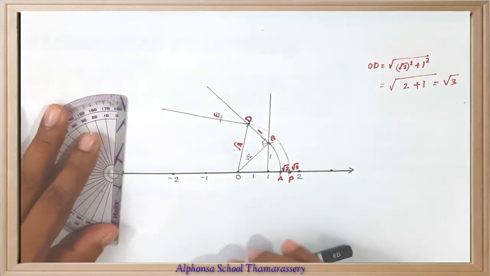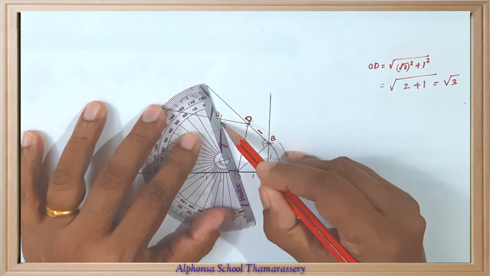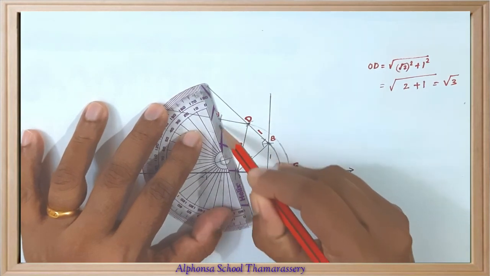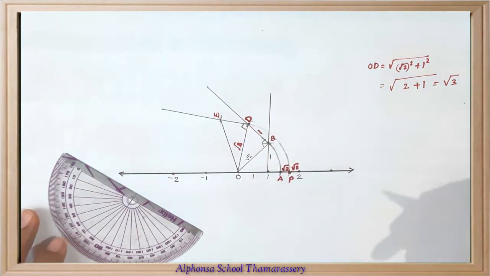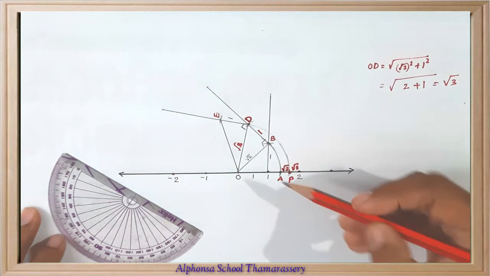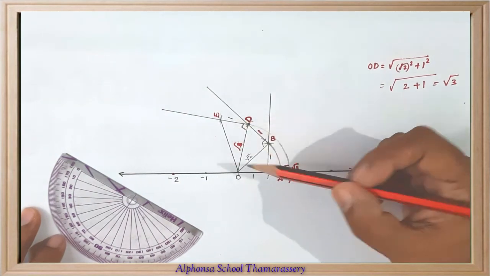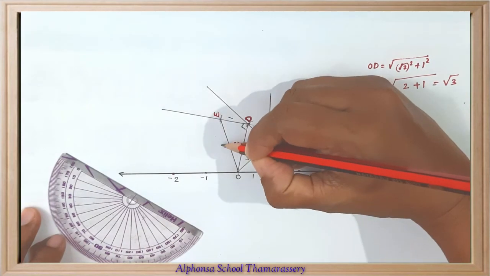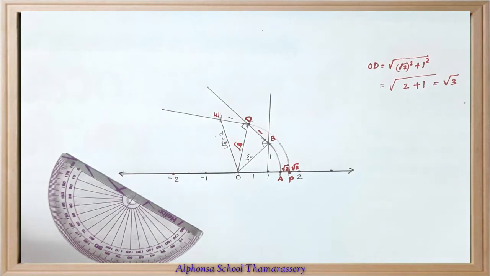Join OE. So this angle is 90 degrees. This is root 3 and this unit is 1. So root 3 whole square plus 1 square, that is 3 plus 1, which is equal to root 4. We know that root 4 is equal to 2.